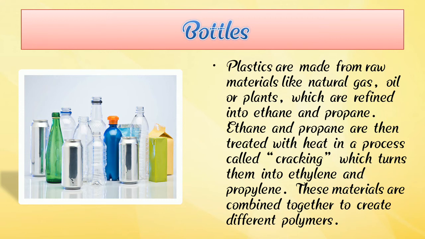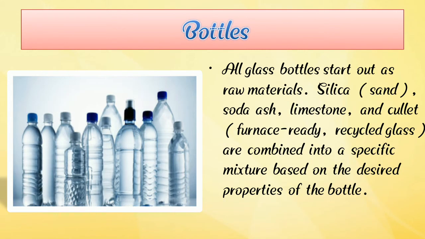These materials are combined to create different polymers. All glass bottles start out as raw material silica, soda ash, and limestone, and the cullet are combined into a specific mixture based on the desired properties of the bottle. So, bottles are made with plastic and glass.